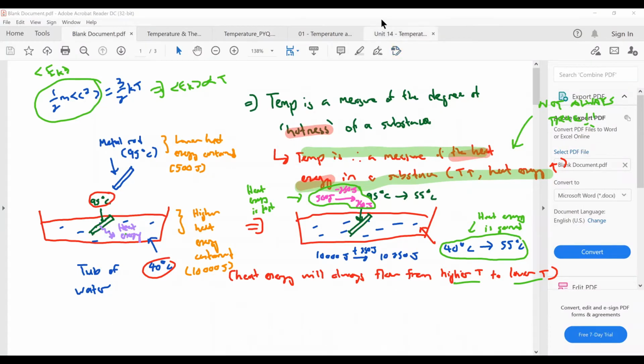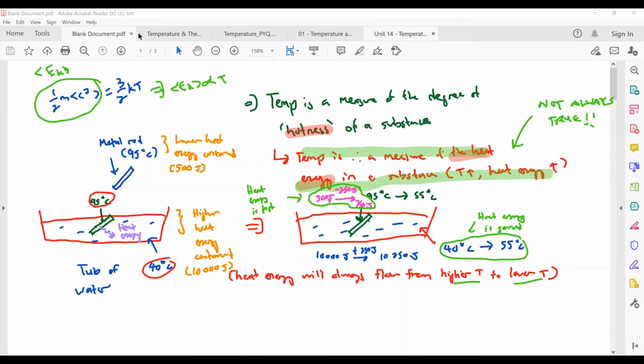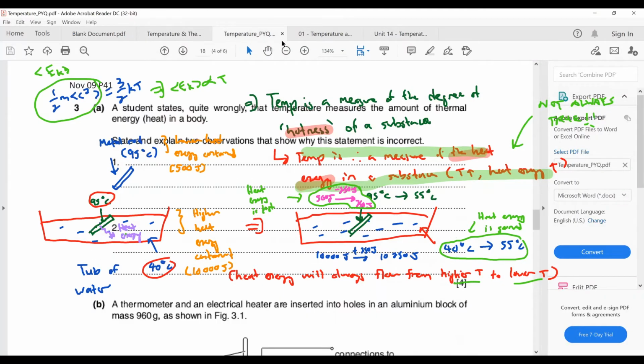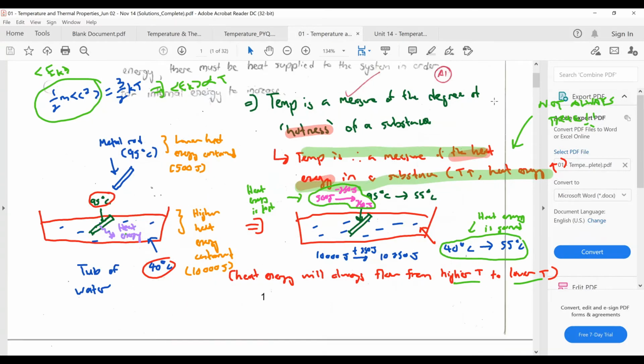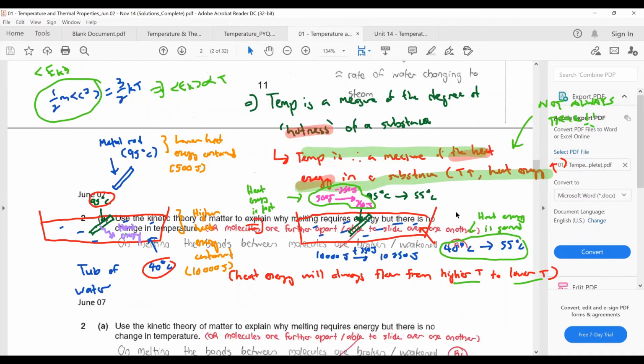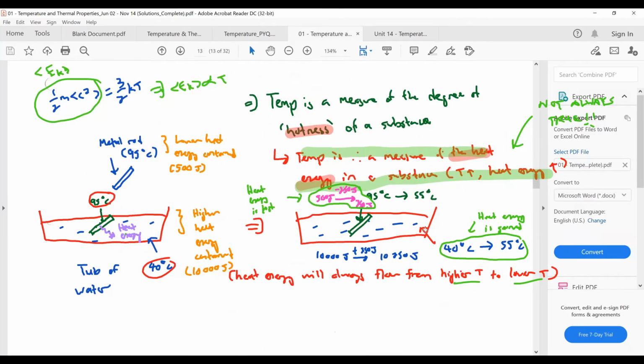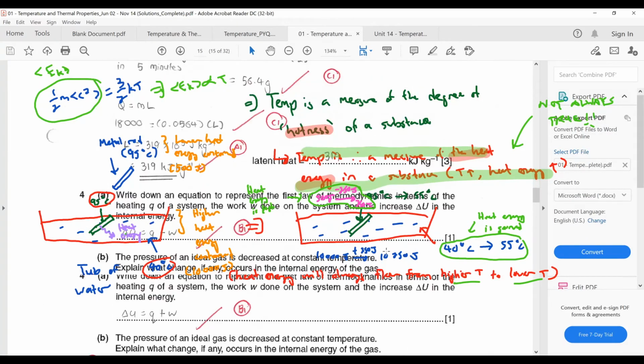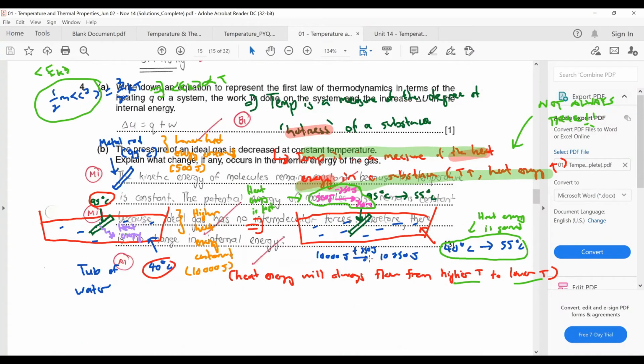Have a look at page 18. This is November 9P41. So the question here mentions something about temperature, right? Let me have a look at it.